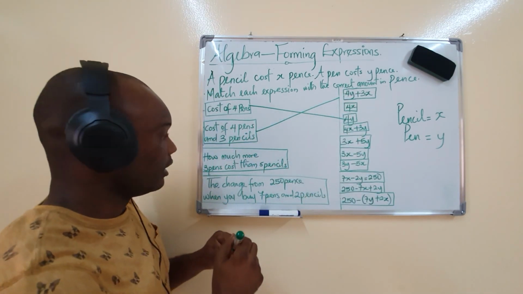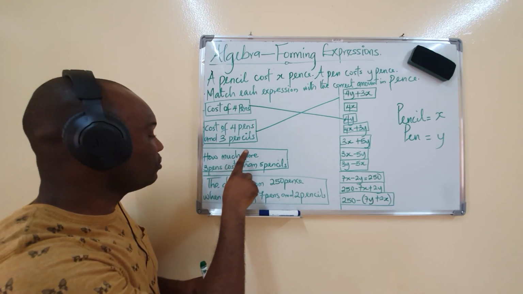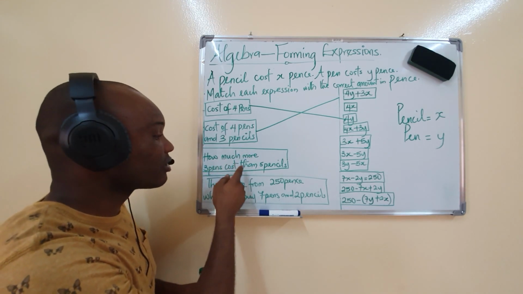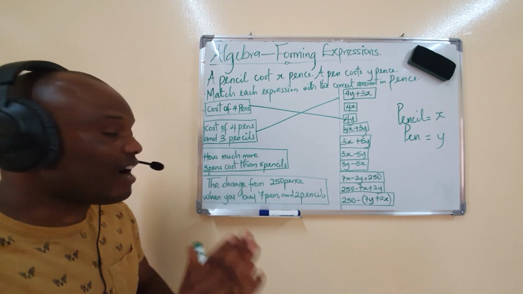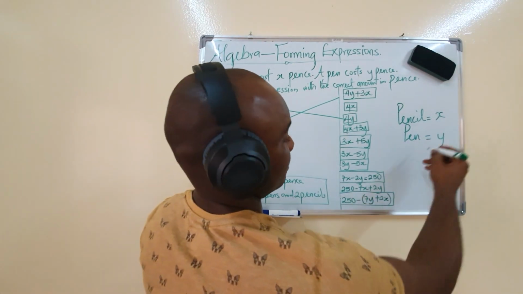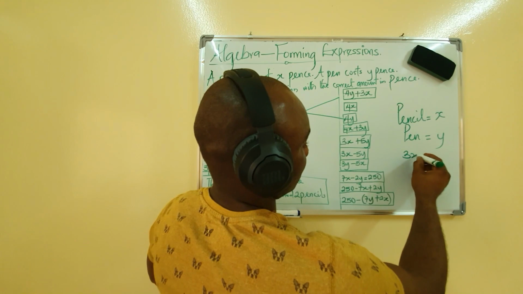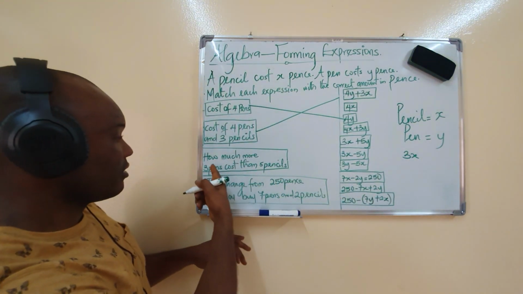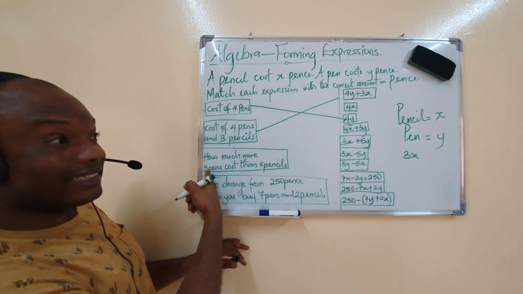Done. Next, how much more 3 pens cost than 5 pencils? 3 pencils will be 3x. No, it's 3 pens, not pencils.